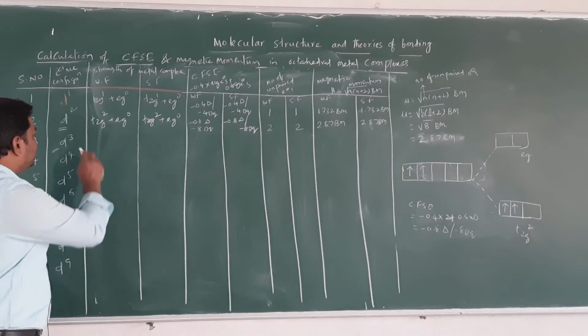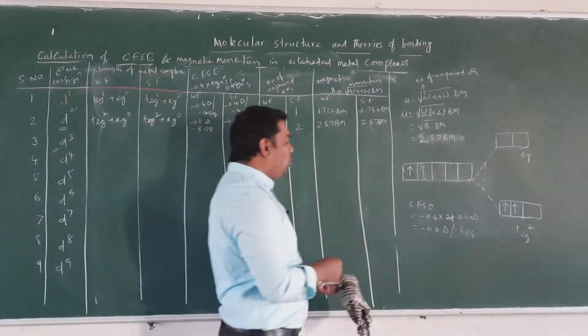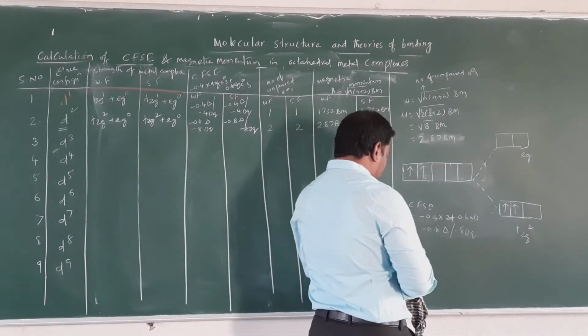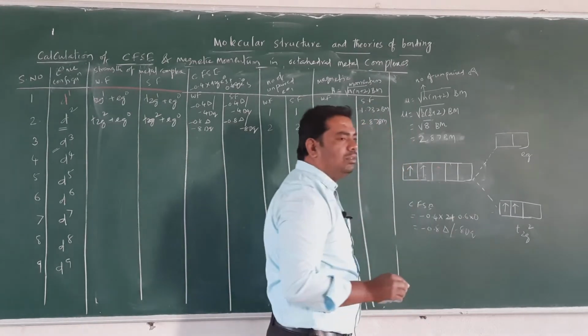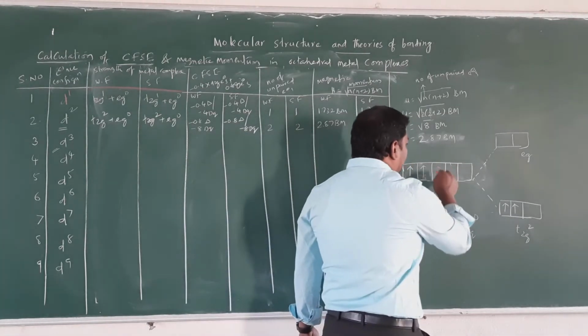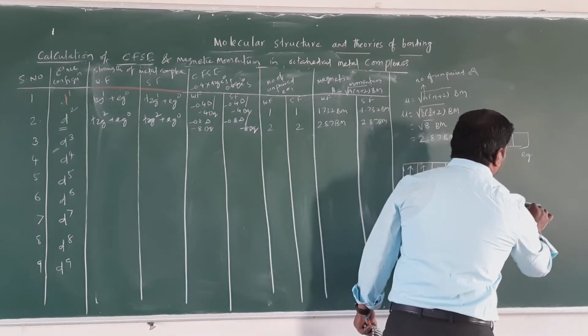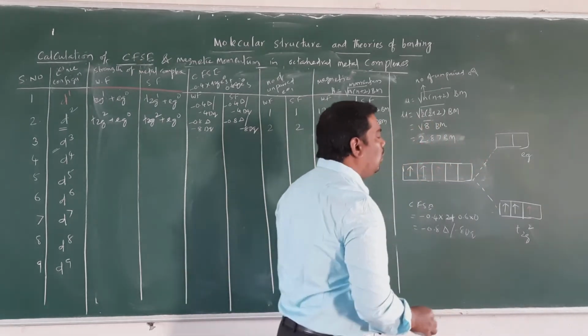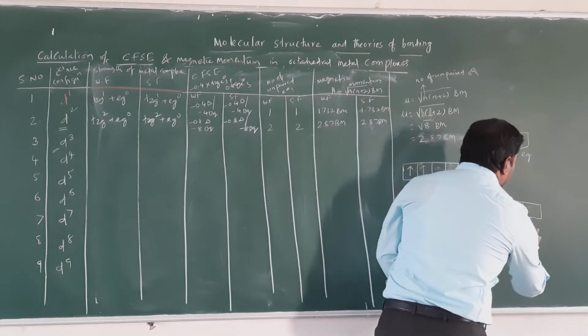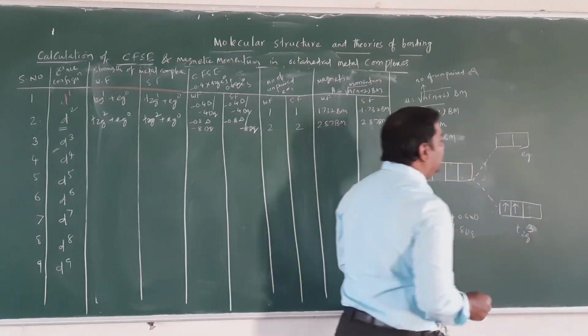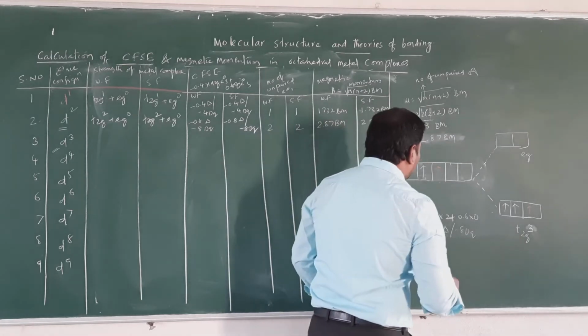In this D3 configuration, one more electron is placed into the lower energy d orbital. This electron is placed into the T2g level only. So therefore here the configuration of this lowest energy orbital is T2g3 plus Eg0.